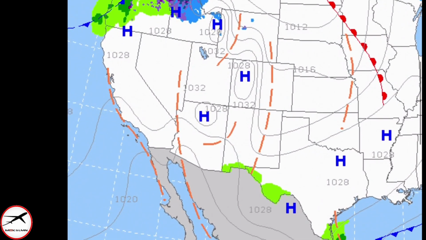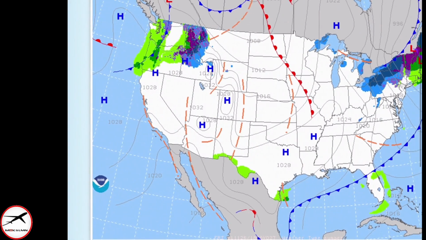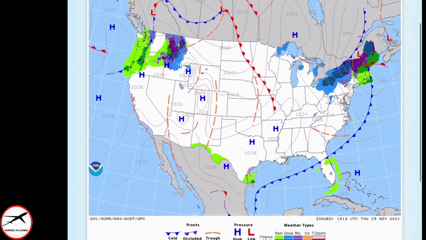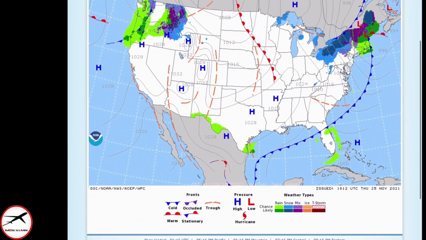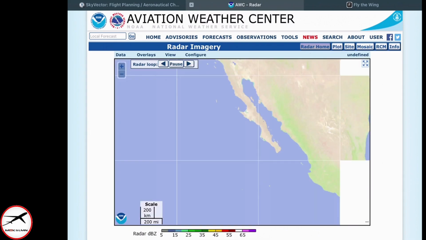You see that the isobars widen as we get closer to our departure time for our flight tomorrow. So it should be a little less bumpy, a little less windy than it has been the last couple of days. That trough also moves a little bit more offshore. So again, no visibility or weather phenomena or too much of a wind concern for tomorrow's trip. So that's that. What else can we take a look at? Obviously, we've got radar.